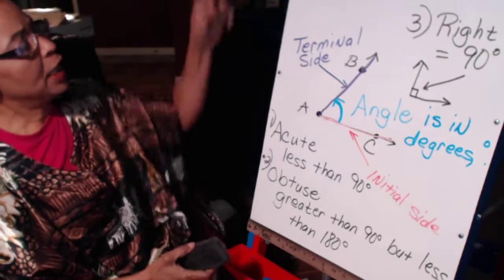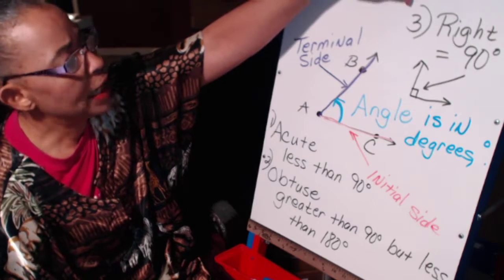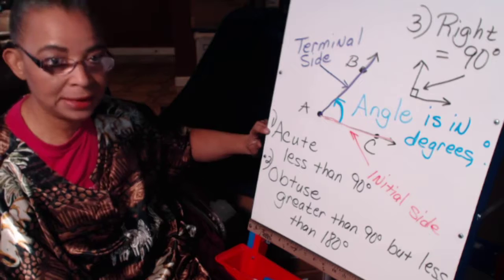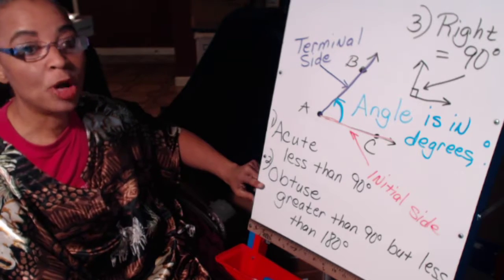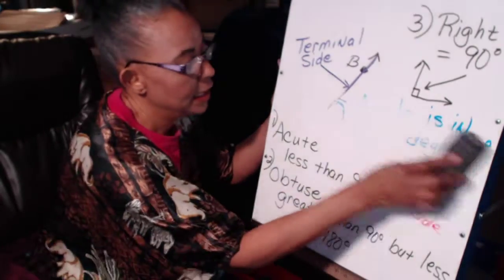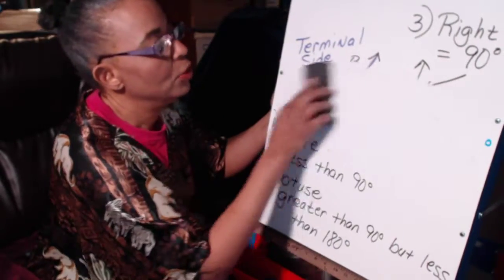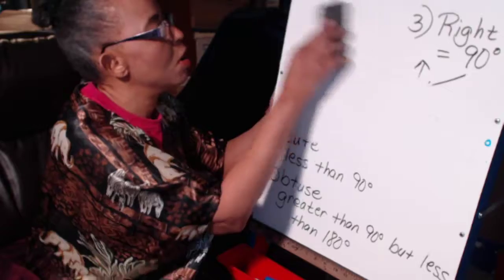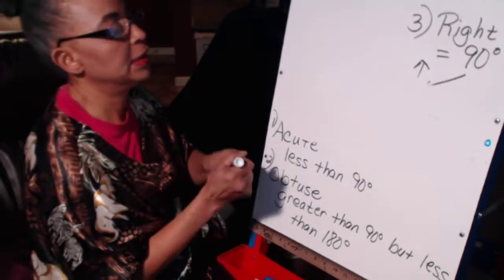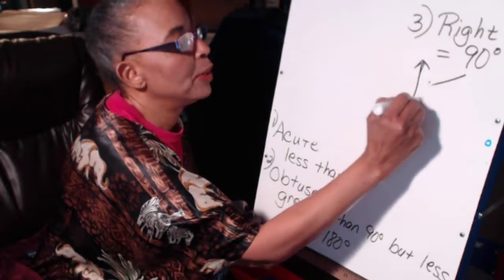All right, so now we had our right angle, exactly 90 degrees, our acute angle, less than 90 degrees, our obtuse angle, greater than 90 degrees, and then we have one more. Let me put my picture back here.